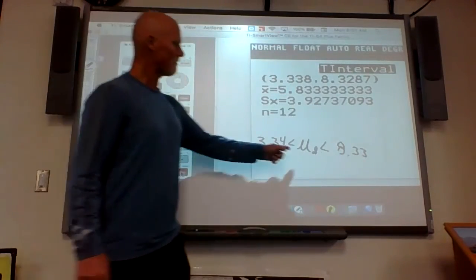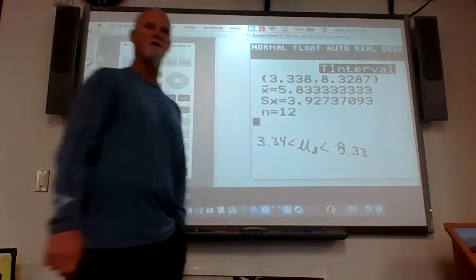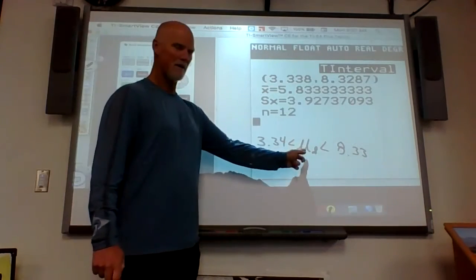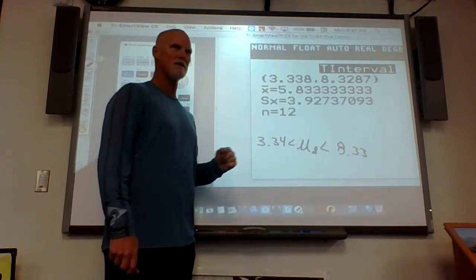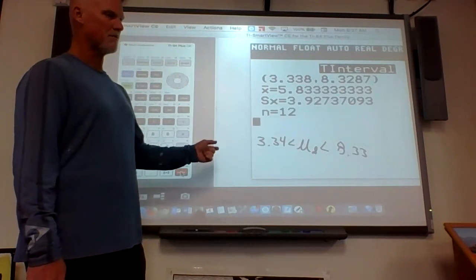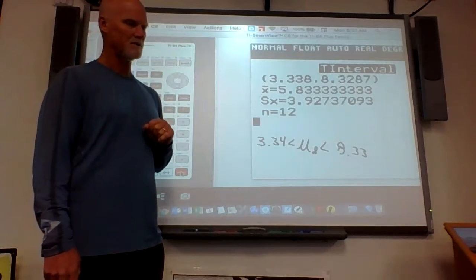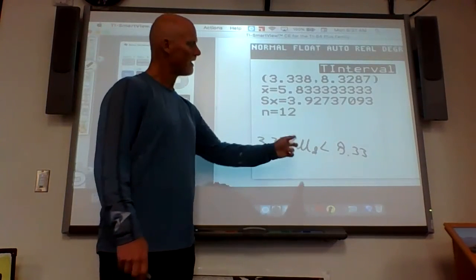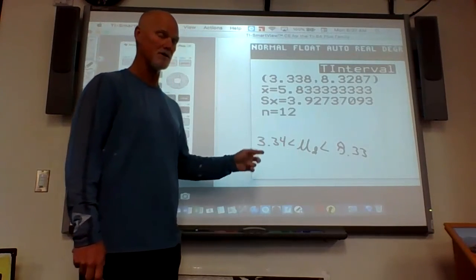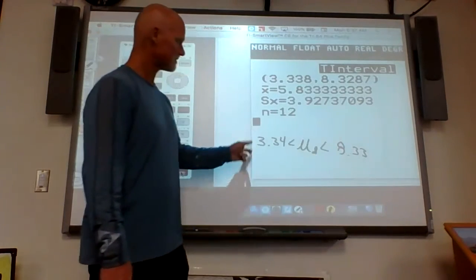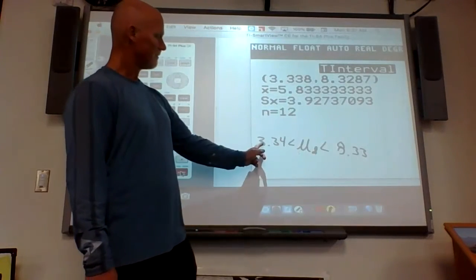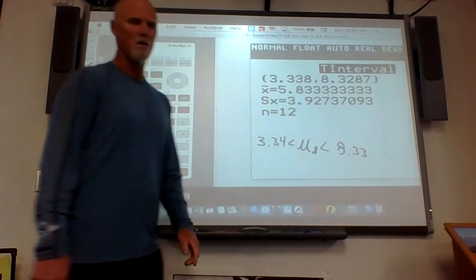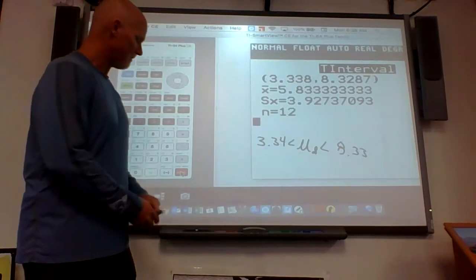Now, what I want you to understand is in intervals in our previous chapter and a half, for proportions and for the two sample T's, we've been checking whether 0 is included. We are again checking whether 0 is included. If we look at this difference, 0 is not included because they're both positive. One of these would have needed to be negative for 0 to be included. So keep that in mind.